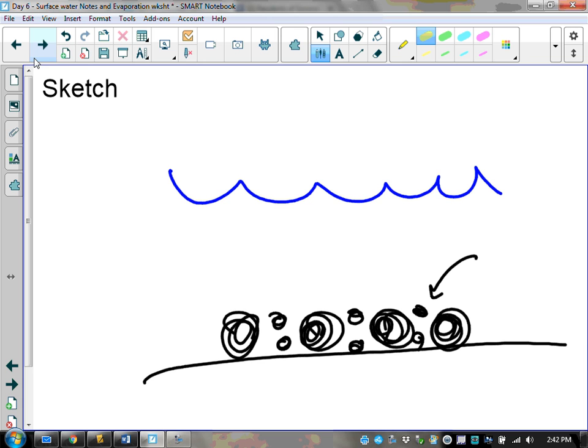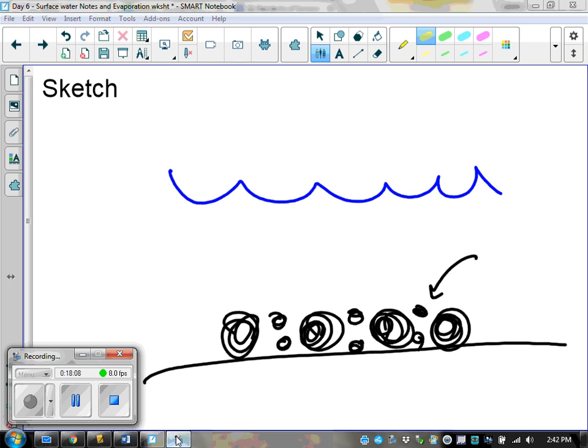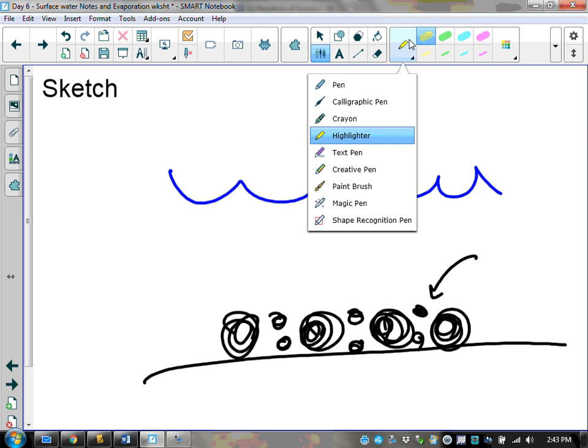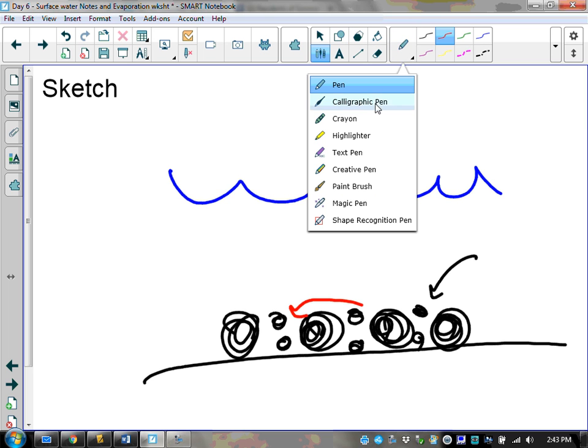There's my really awesome picture. My picture is easy: I just drew some water and then put some rocks at the bottom. Like I said, even the smallest movement counts as a bed load. Even if this piece just rolls over to that piece, that would count as bed load.